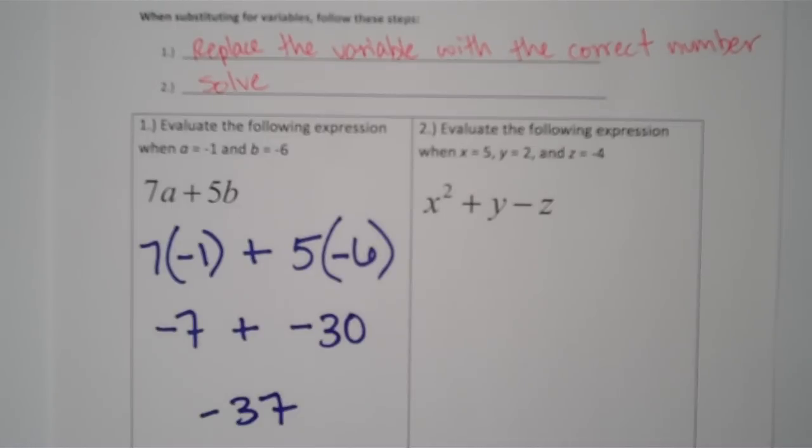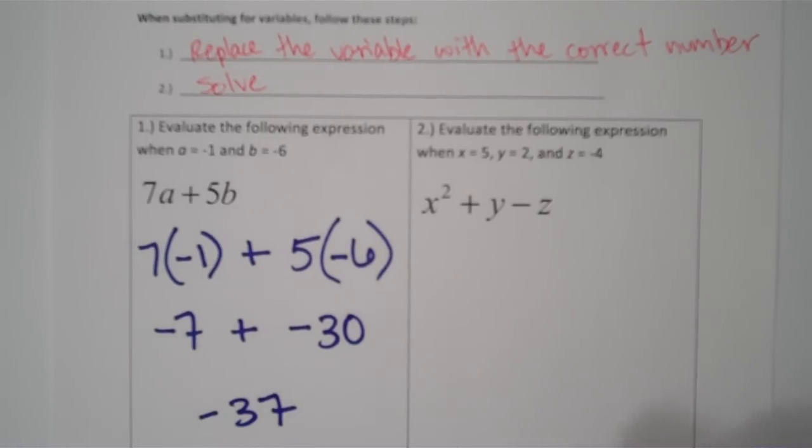Let's do example number 2. It says, evaluate the following expression when x equals 5, y equals 2 and z equals -4. When we first start practicing, we're going to be using expressions that just involve one variable, maybe two. This is getting a little bit harder, but when you can do this, you know you can do all of them.